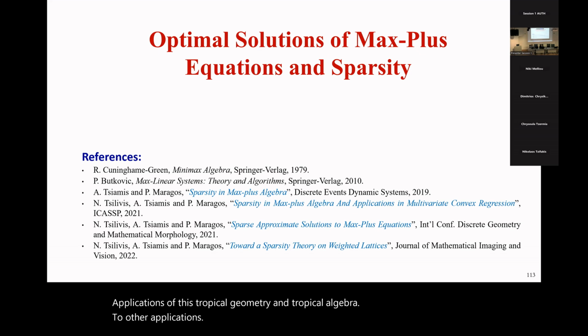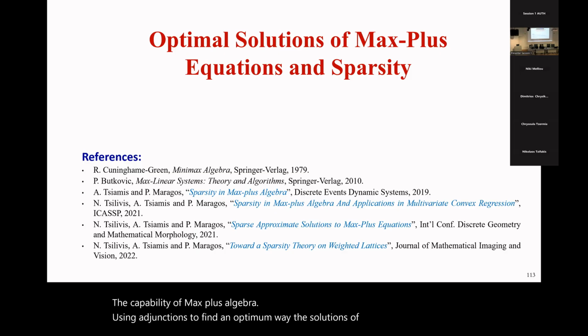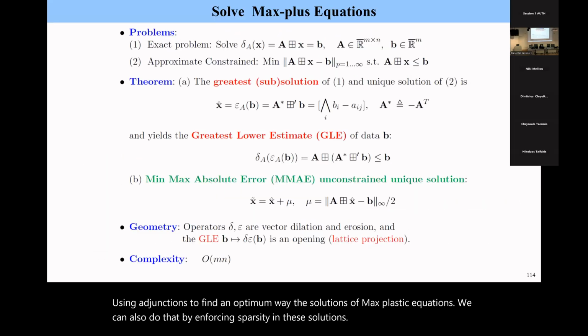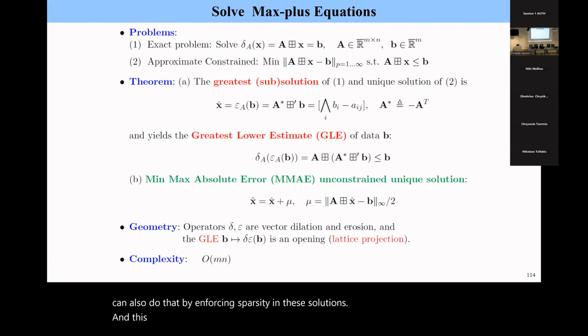But before doing that, I had mentioned before the capability of max-plus algebra, using adjunctions, to find in an optimum way the solutions of max-plus equations. We can also do that by enforcing sparsity in these solutions. And it's a hard problem, but it seems that it's doable.